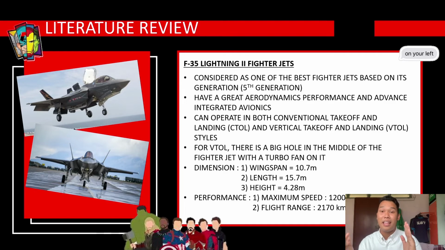The dimensions of this fighter jet are a wingspan of 10.7 meters, length of 15.7 meters, and height of 4.28 meters. Its performance is a maximum speed of 1,200 miles per hour or 1,930 kilometers per hour, and a flight range of 2,170 kilometers with a full tank of gas.